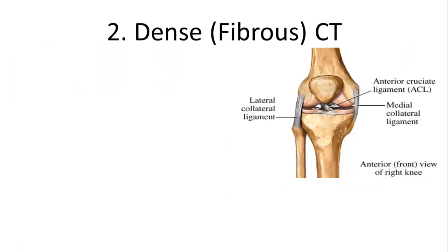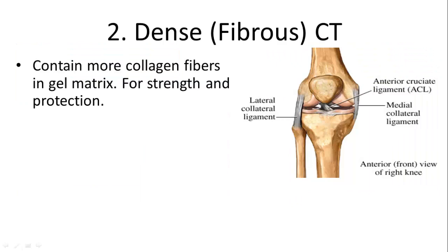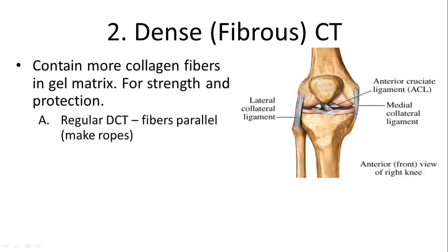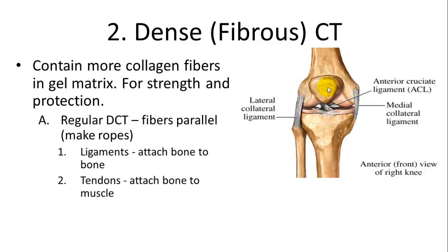We then also have dense connective tissue, also called fibrous connective tissue. It contains a lot more collagen fibers in its matrix, and that collagen provides strength and protection. Regular dense connective tissue has parallel fibers, and that's what creates the ligaments which connect our bones, or the tendons which connect our muscles to the bones, or aponeuroses which attach muscles to muscles.